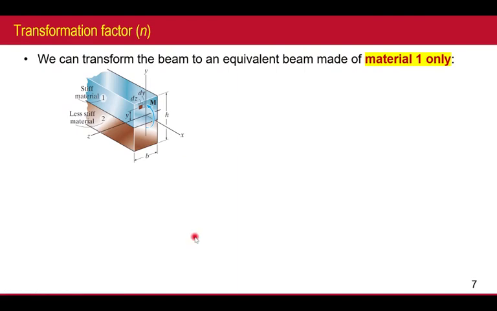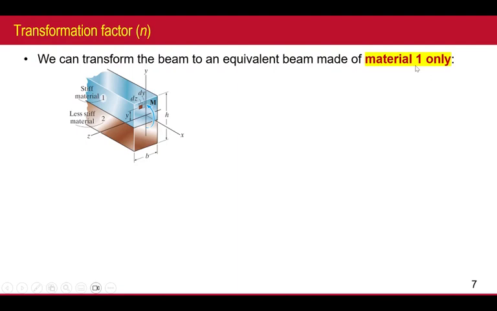So when we transform, I try to put many things here. We can transform the beam to an equivalent beam made of material one only. For example, here 1 or 2. So for the material with higher stiffness, material 1 is greater than the less stiff material 2. If we want to transform material 2 into 1, the structure will have only material 1. Everyone clear?